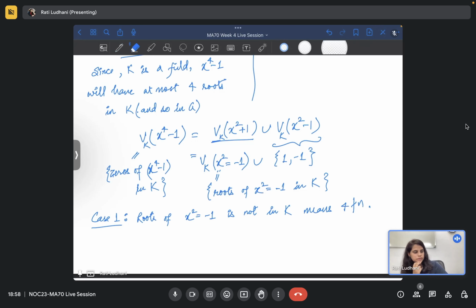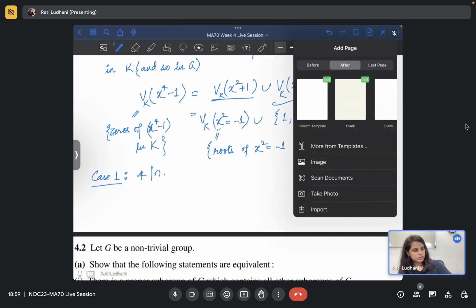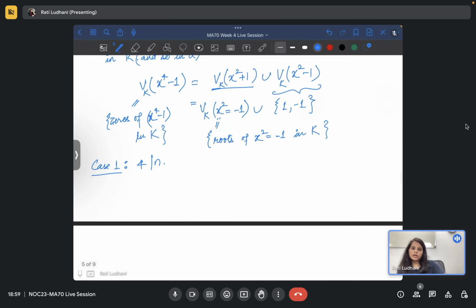Or let me write it down in this sense. Just separate it in two cases: 4 divides n or 4 does not divide n. So if 4 divides n, what does this mean?